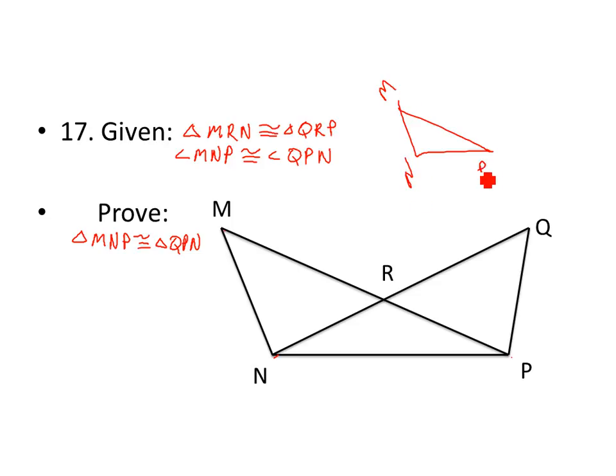And I'm going to split off triangle QPN. Okay, my triangles don't look very good. So I split off those 2 triangles. Those are the 2 I'm trying to prove are congruent.